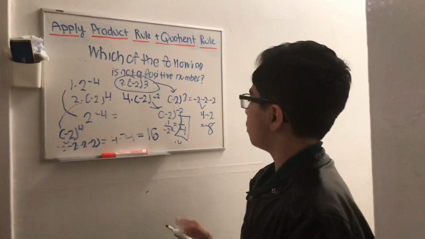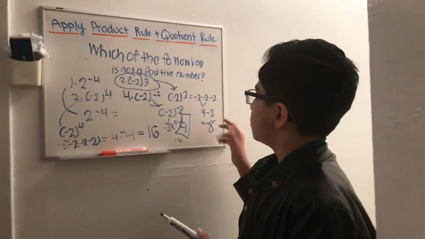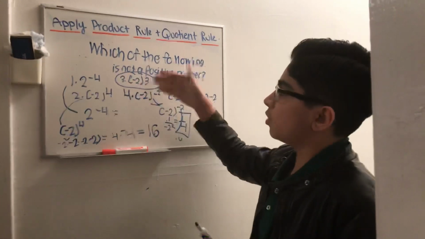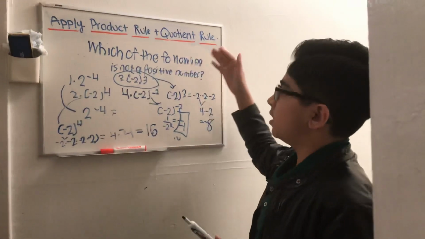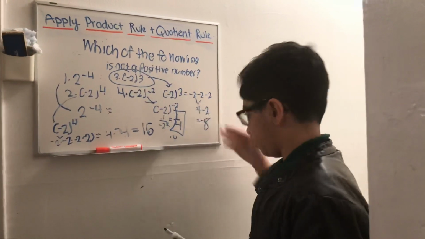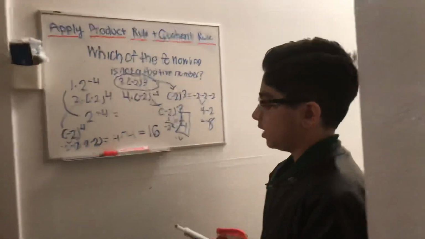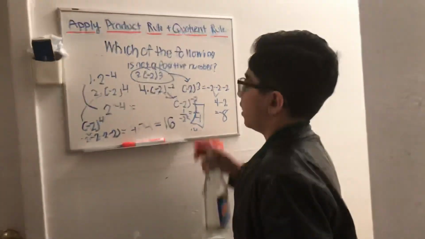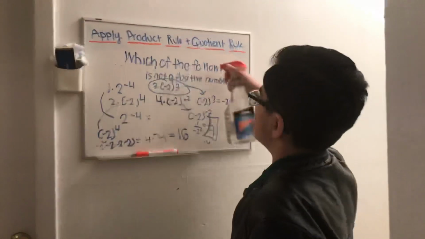And so the only negative choice is 3, and it results in a negative number. It is not a positive number. So therefore that is your answer. Let's take a look at another equation or problem.